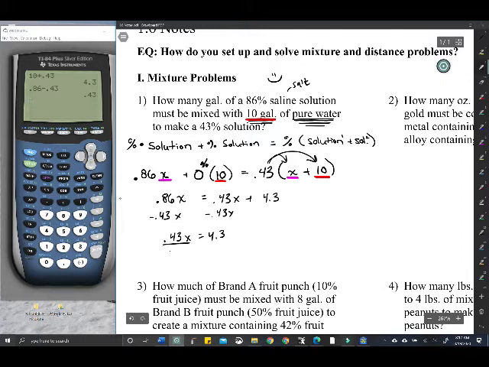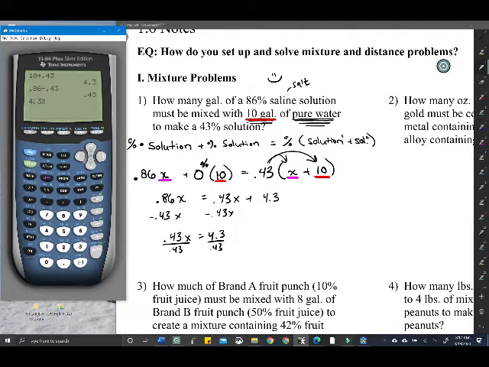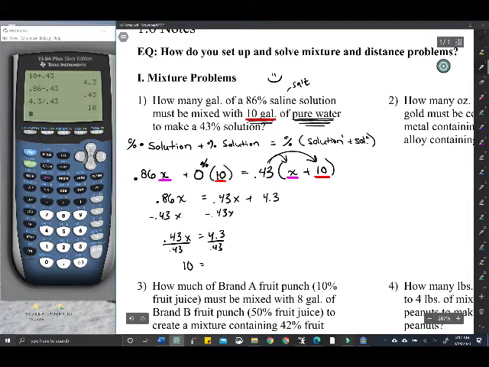And we're just going to divide. 4.3 divided by 0.43 is equal to 10. So 10 is equal to x, or 10 gallons of saline solution.